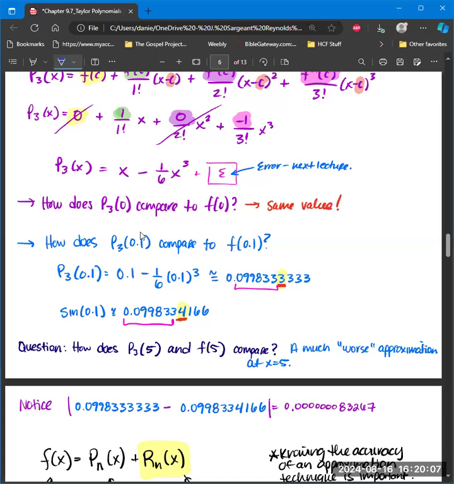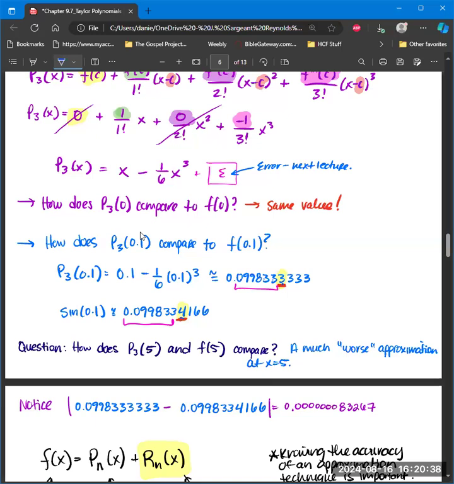But look at how close P3 is here to sine. They agree all the way out here to the 1, 2, 3, 4, 5, 6th decimal point, and it's only in the 7th decimal point right here that they differ. I think it's 10 millionths.